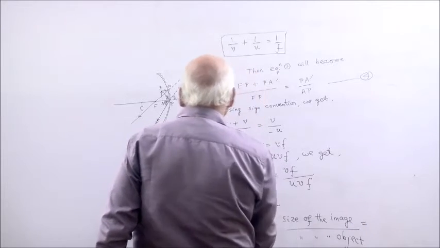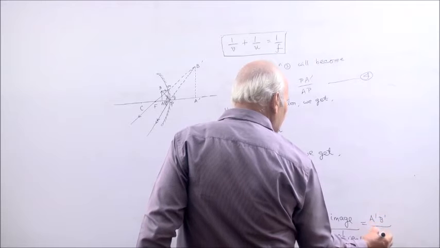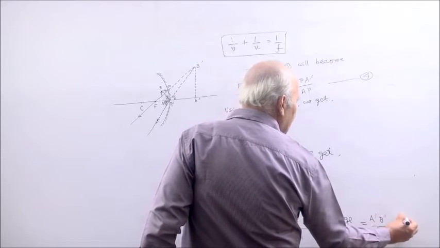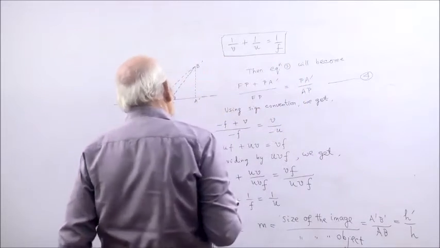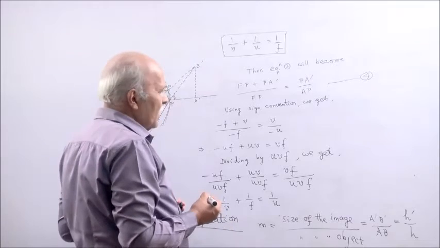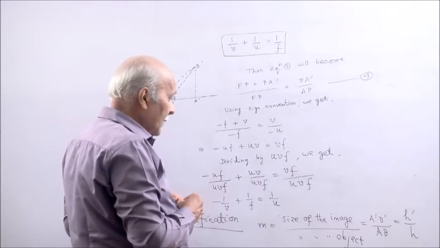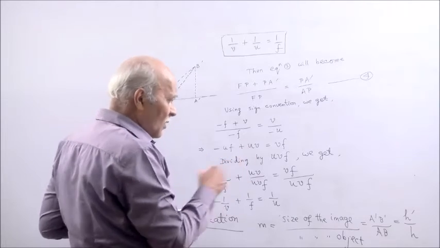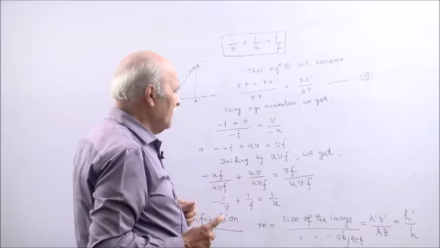So, in this figure it is A dash B dash by AB, and it is written as H dash by H. Both heights are positive because this is measured upward, this is also measured upward. So, H dash by H. But if it is to be found in terms of V and U, then it will be minus V by U.